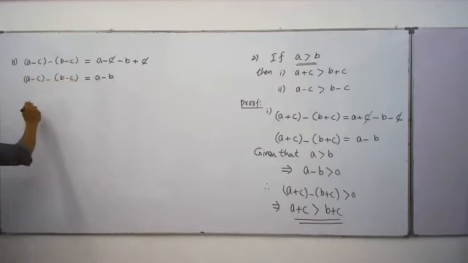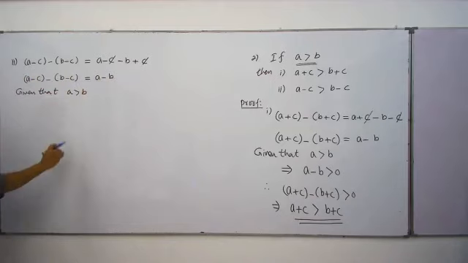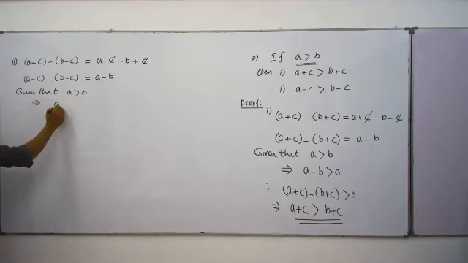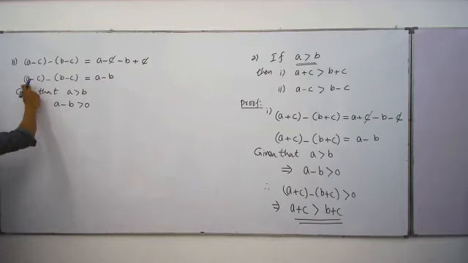Right. Given that a greater than b, this implies what, people? A greater than b implies a minus b is positive. But a minus b is equal to this. So therefore, in place of a minus b, I can put this: a minus c minus b minus c.